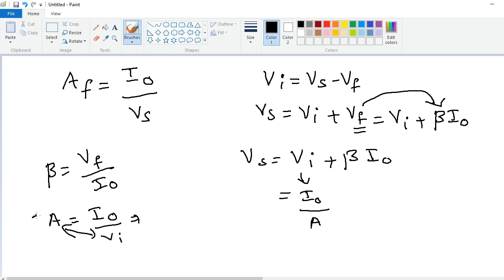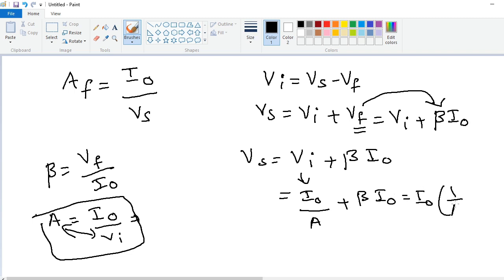Because A is equal to I naught divided by Vi. So Vs is equal to I naught divided by A plus beta into I naught. So I naught is taken common, we'll get 1 by A plus beta. That is equal to Vs.